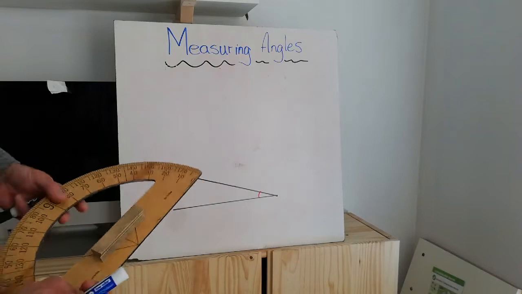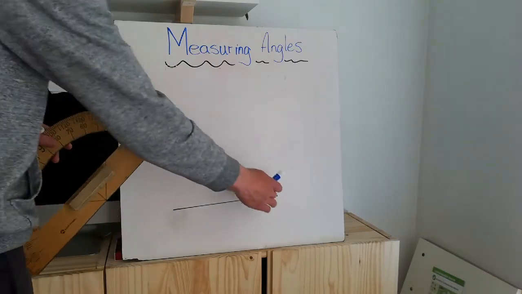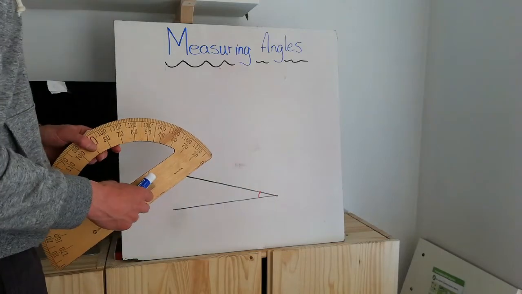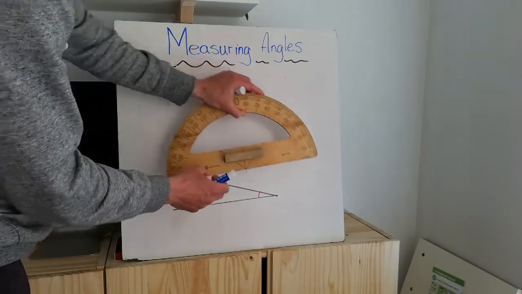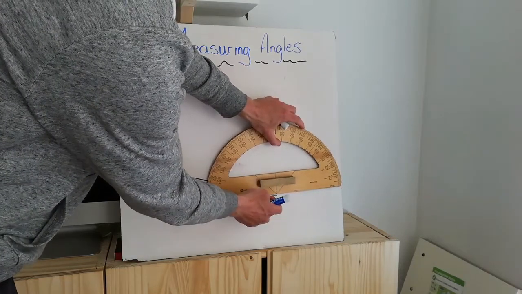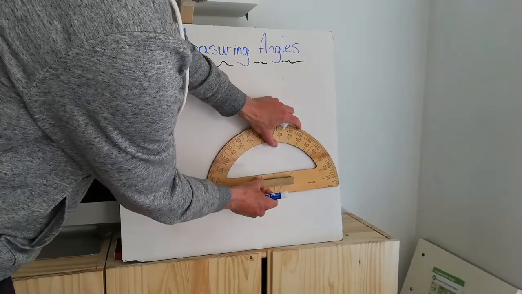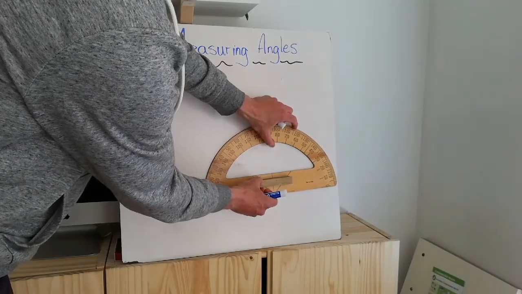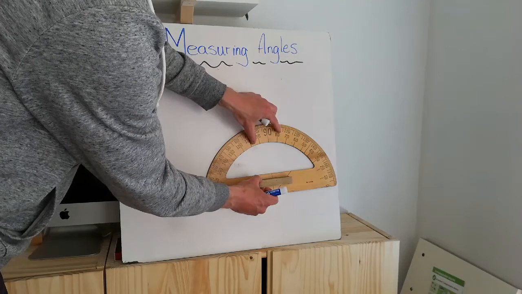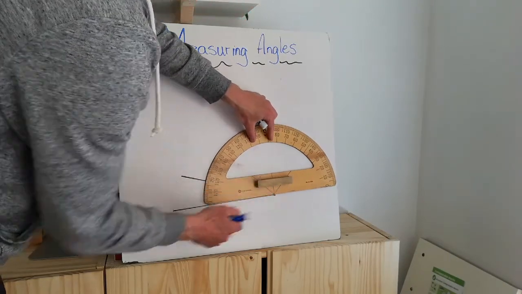Okay, so again, I'm going to line up the bottom middle of my protractor with the point where the two lines meet, and then this line, the zero line, would go right along that bottom line of the angle. Okay, and then once I have it lined up well, I have to read the numbers.